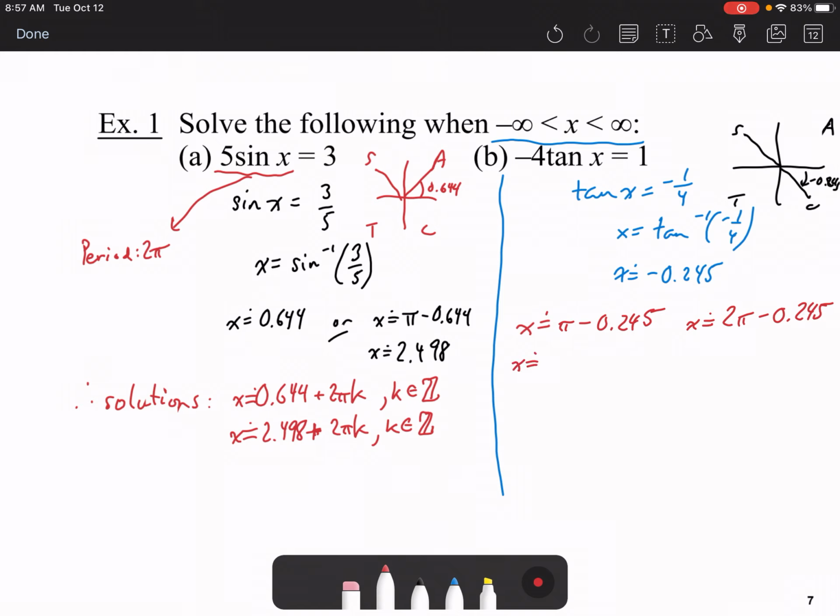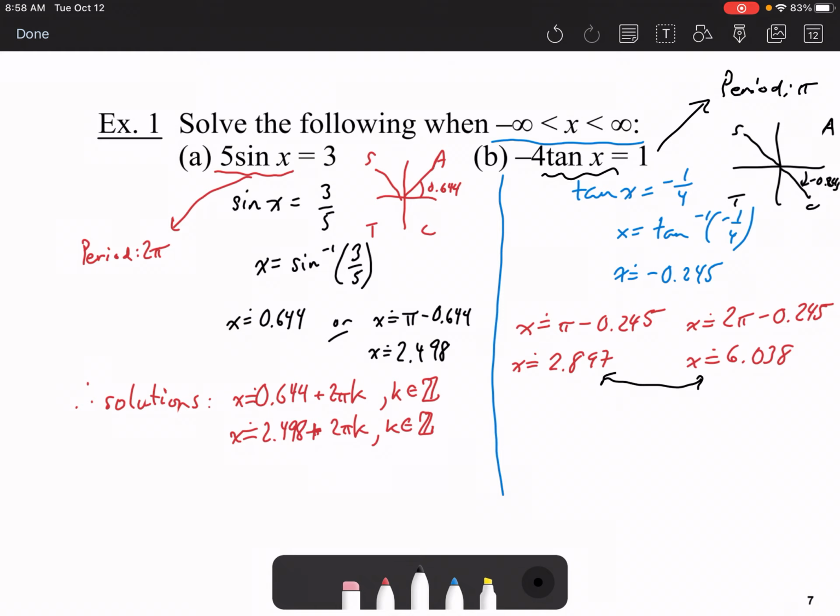This gives me a value of approximately 2.897 and another value of 6.038. So now we have listed solutions for this expression. Tangent has a period of pi units, and you could see this from the fact that these two values differ by pi.